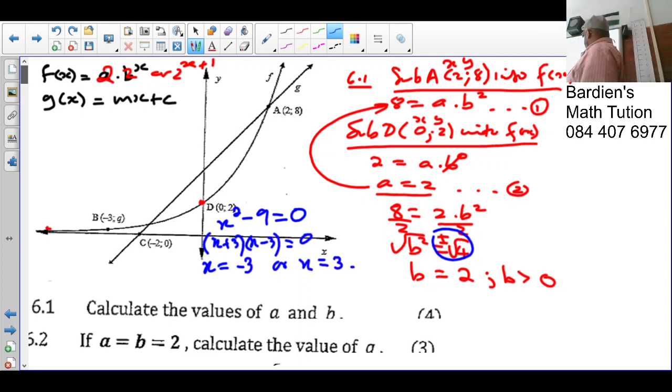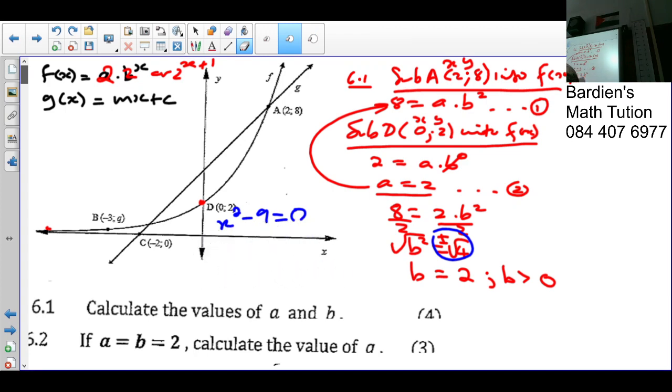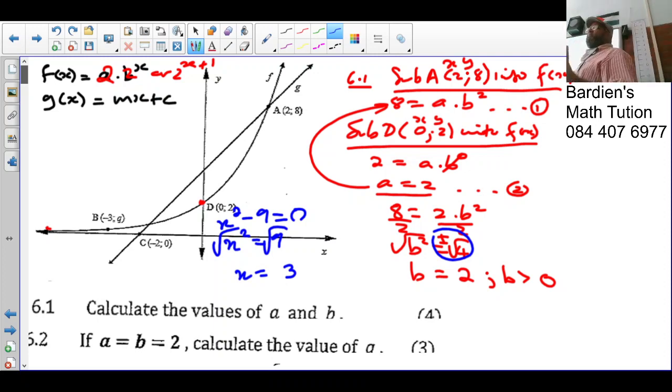Did you see that? Now, we could have taken it over the equal sign. You're absolutely correct. Take the square root. But then you only got 3. But you remember in mathematics, whichever route you follow, you must end up with the same answer. Not so?